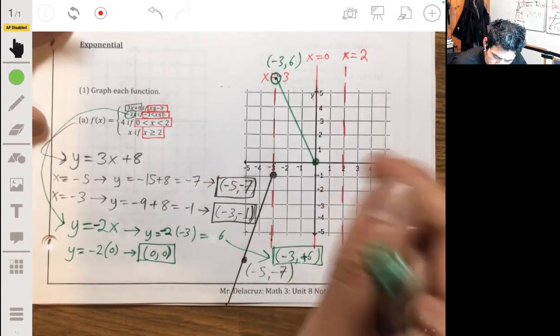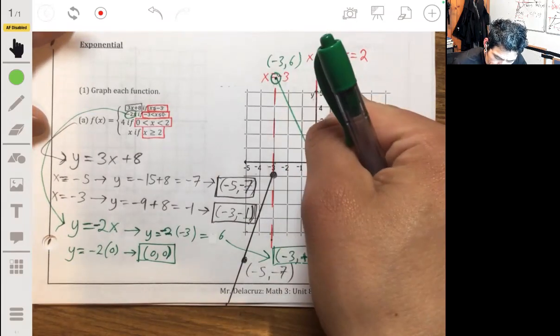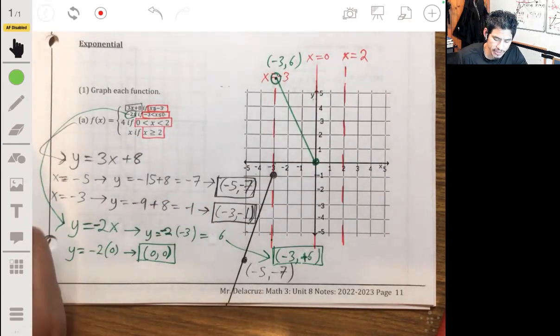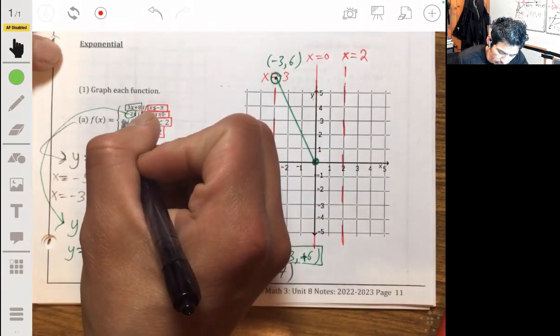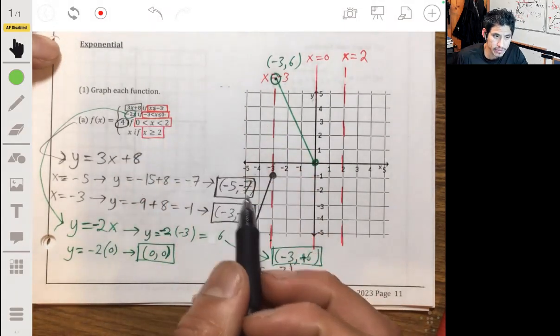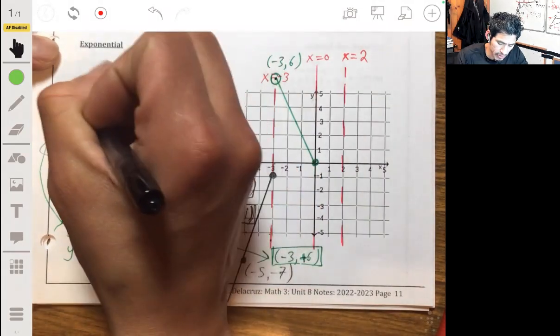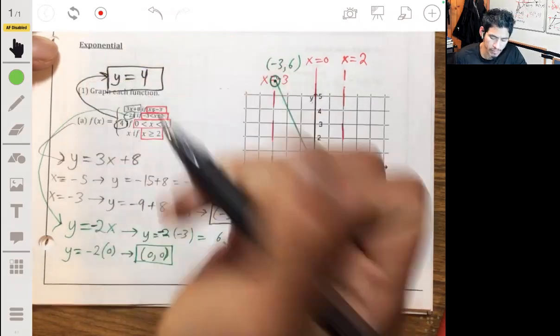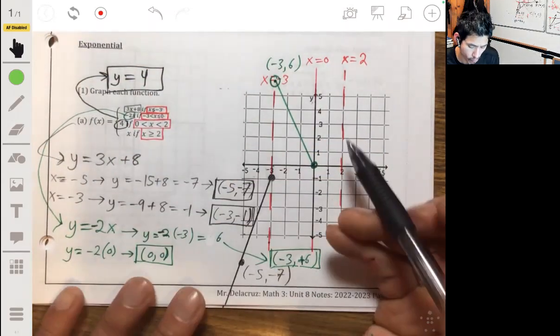So no worries. Next, we're going from 0 to 2 now. This is a very easy one because the equation is just 4, meaning I'm going to go over here, y equals 4. Y is always going to be 4 on this interval.